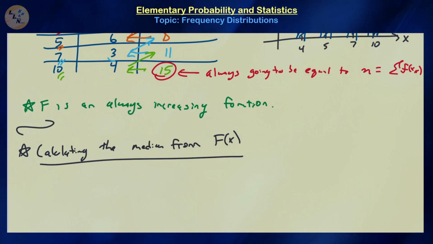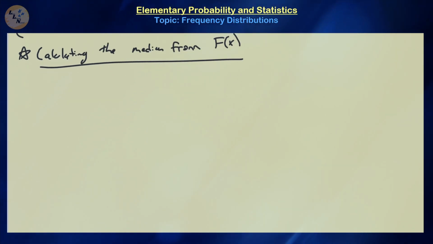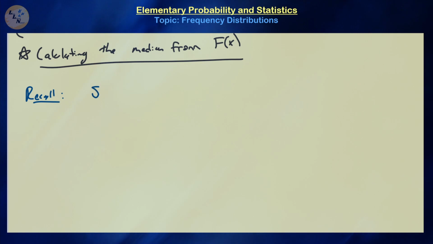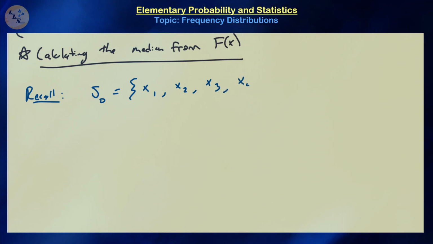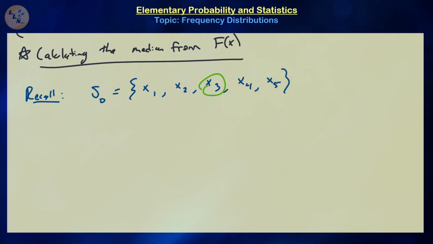So let's just briefly review how we calculated medians from the standard data set representation. For an odd data set, let's just choose 5 elements, x1, x2, x3, x4, and x5, and let's assume that this is a ranked order data set, so each of these elements is less than its next value. So we know that x3 is going to correspond to the median.